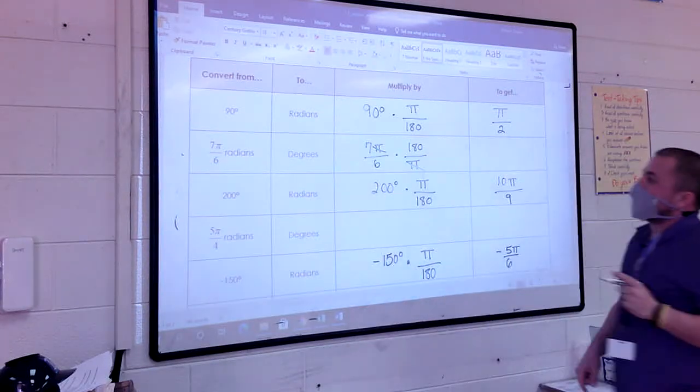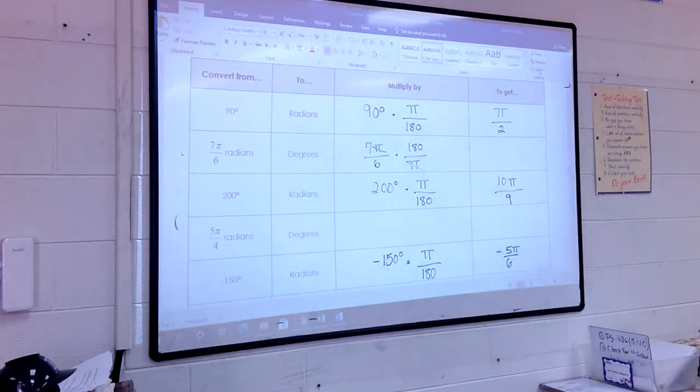So you're basically just taking the fraction and multiplying it by 180. Kind of like when you were changing it from degrees you were dividing by 180. Well, in this case, when you're taking it from radians to degrees, you're basically taking the fraction and multiplying by 180.